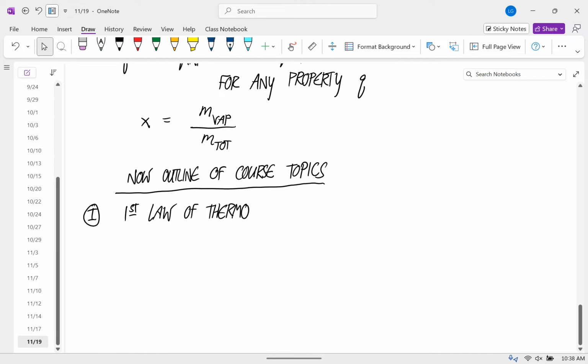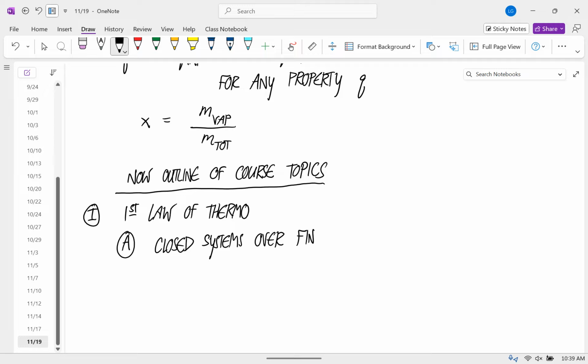And we did this in a couple different ways. The first one was for closed systems, over a finite time interval.